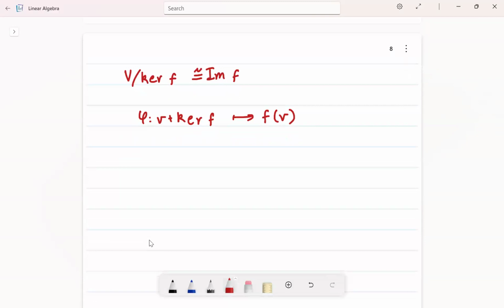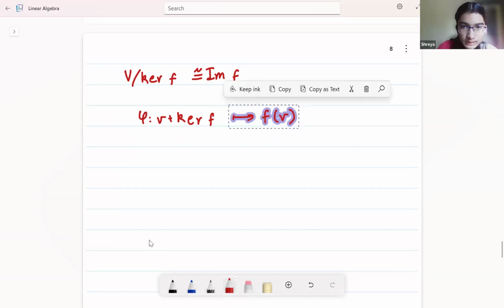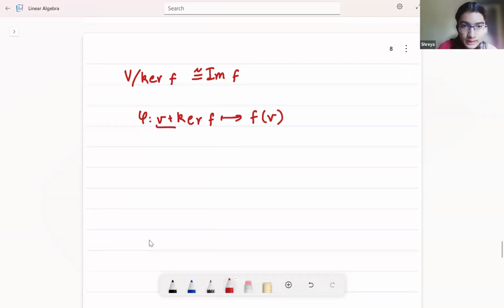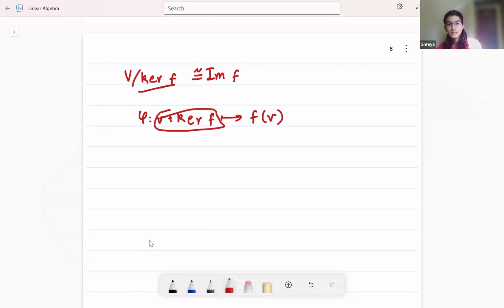Yes. I'm sorry, but how do you prove that it's well defined? Okay, so the idea is that we are taking a function from V mod kernel of f to the image. When we are given an element of this V mod kernel, it's not given in this form. We are just given the set.